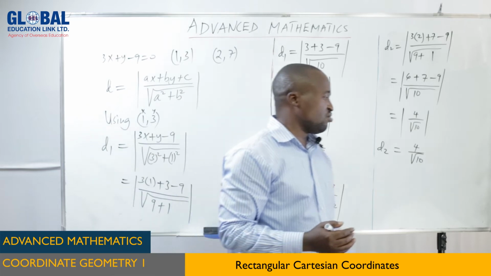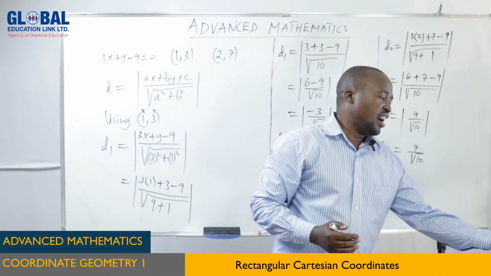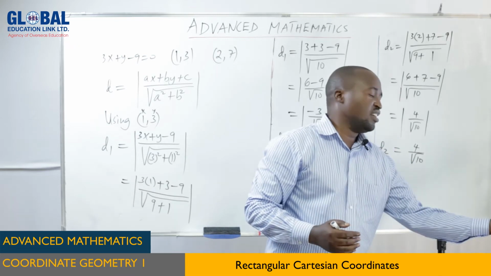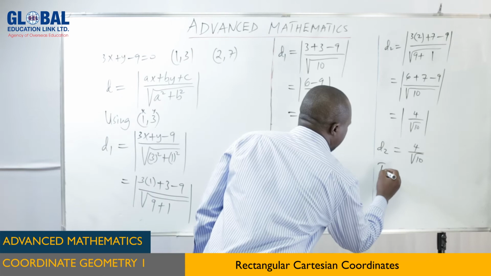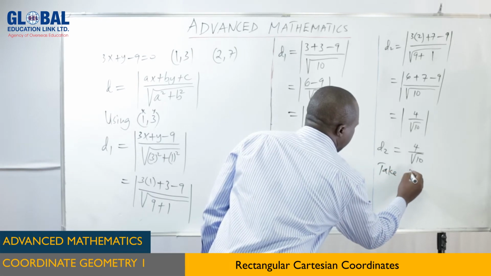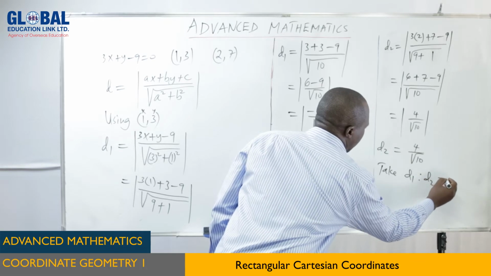But our interest is to determine the ratio in which this line divides the two coordinates. So here we just take d1 ratio d2.